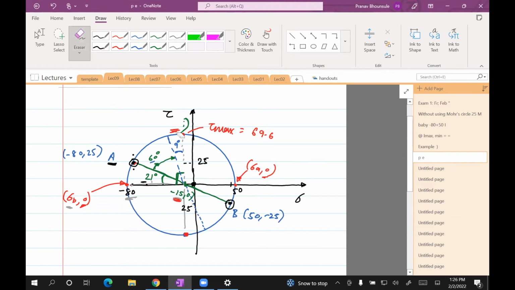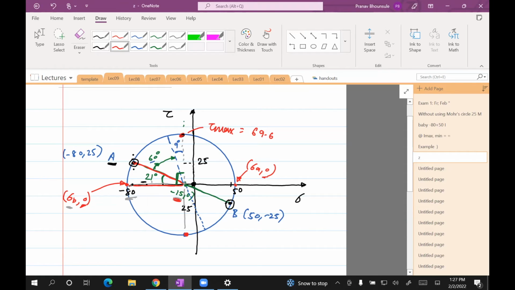How did you find that 21 degrees? Yes, good question. Let me go back. Okay, so what's 21 degrees? It's the angle made by the principal direction, the face A with the principal direction, or the stress sigma b comma 0.